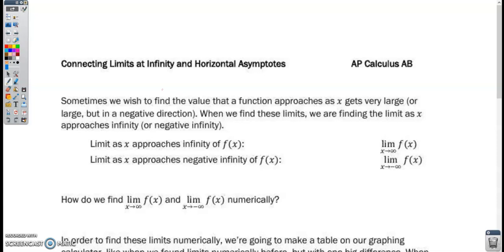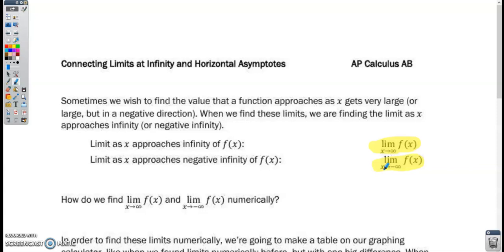Okay, so you see a little bit of narrative here, and notation. This is how we write the limit as x approaches infinity and the limit as x approaches negative infinity. That shouldn't come as a surprise to you, based off of things that we've seen thus far.